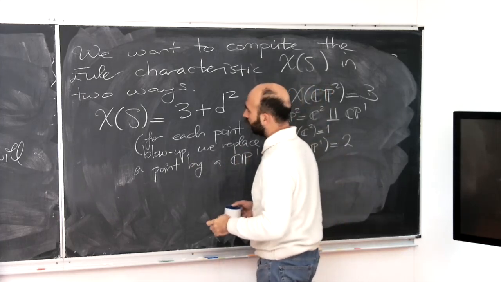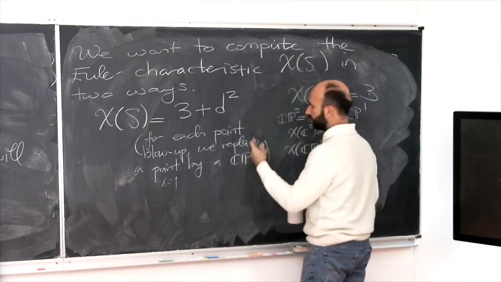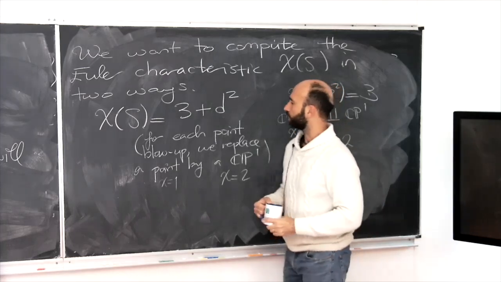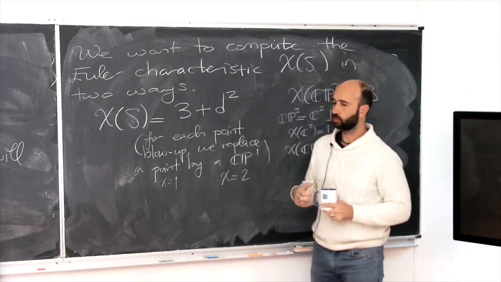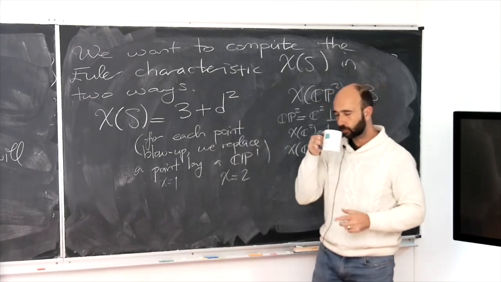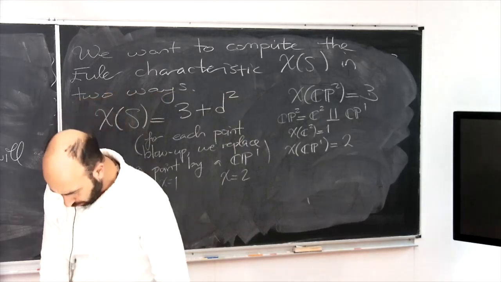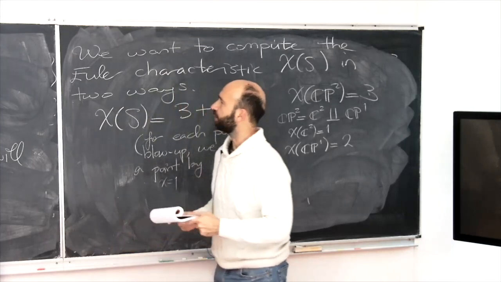And again, a point has Euler characteristic 1, but CP1 is a two-sphere, therefore it has Euler characteristic 2. So you're increasing the Euler characteristic by 1 at each blow-up, so this gives you 3 plus d squared. Now let's look at the other way, which is by using the fibration phi.